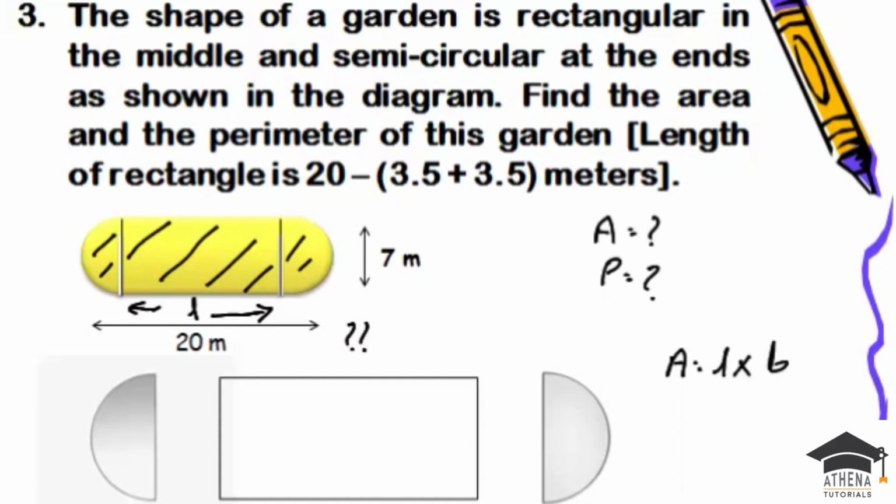It's very simple. We know that figure is in the shape of rectangle and semicircle. So, if we remove this part from the entire figure, we will get this part. How to do this? See, this is full circle, and half of the circle is semicircle.